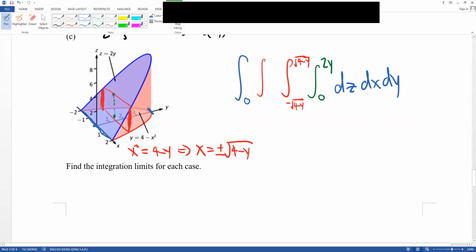Right, so we know that using this equation again, right, y equals 4 minus x squared. So when x is 0, y is 4. So from 0 to 4. So that's part C.